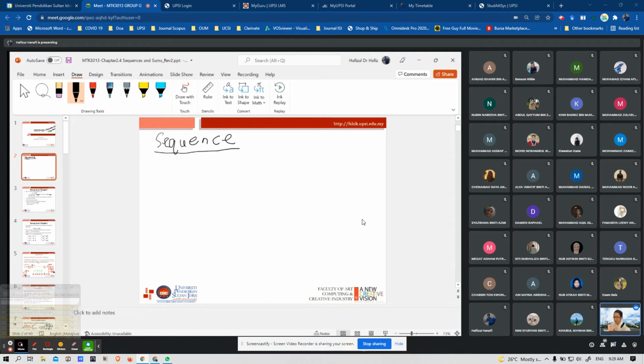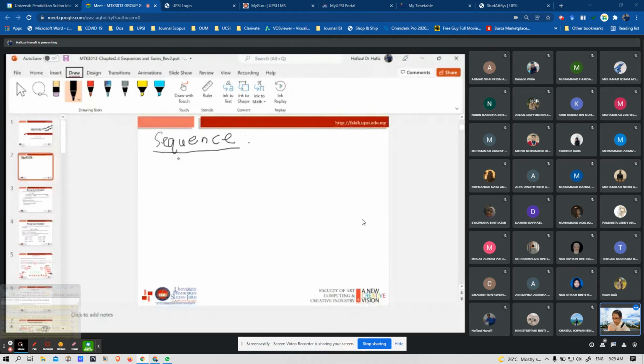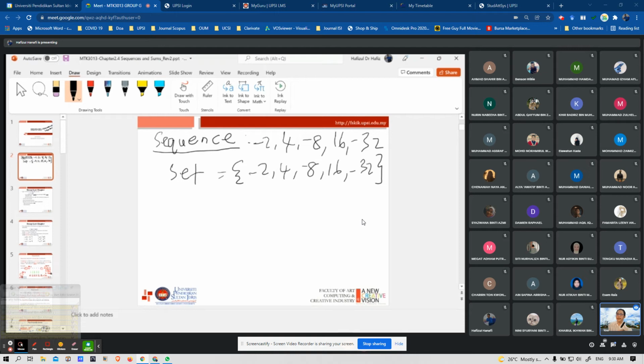Example: we have a sequence -2, 4, -8, 16, and -32. This one is for the set.